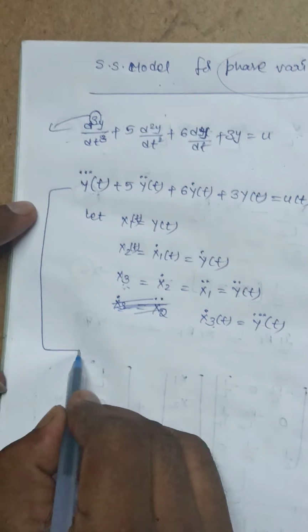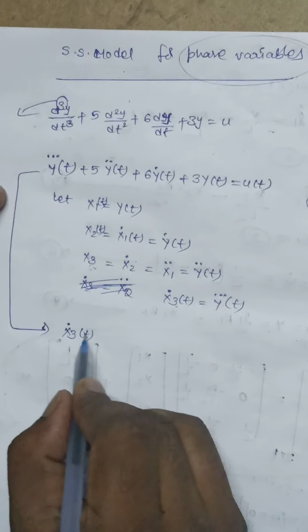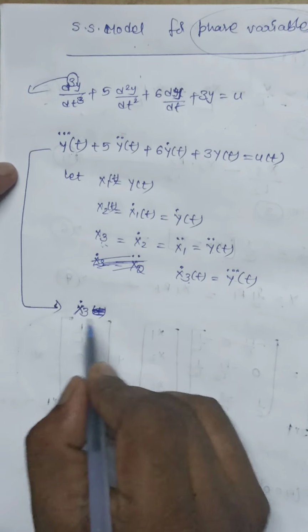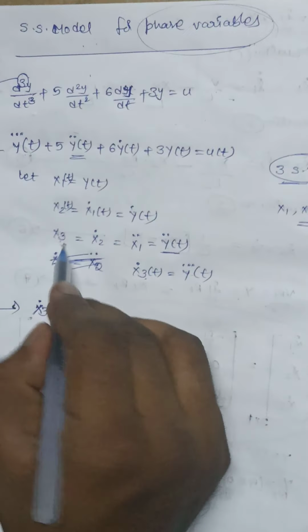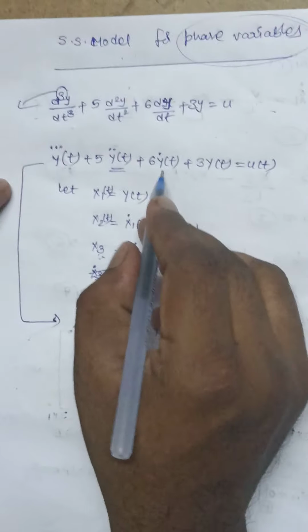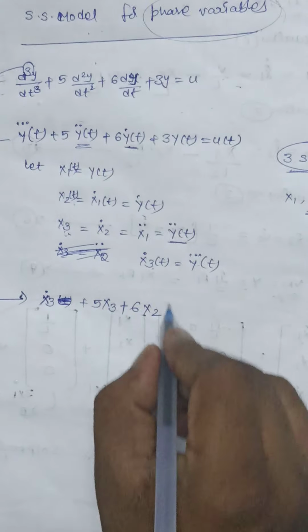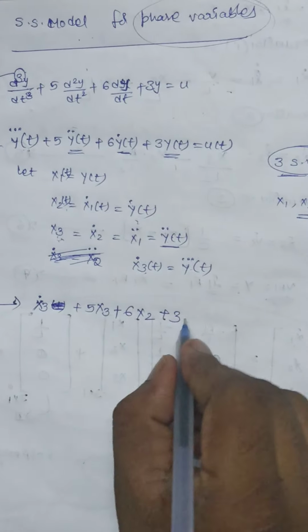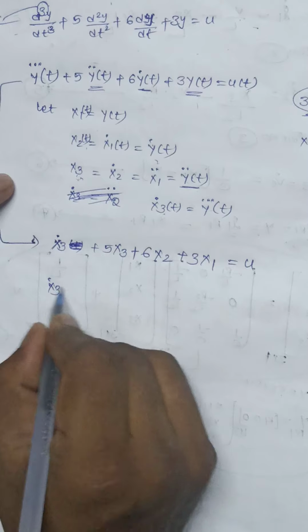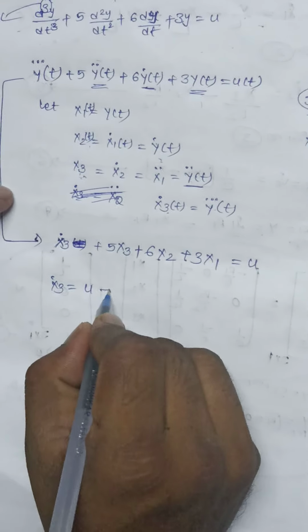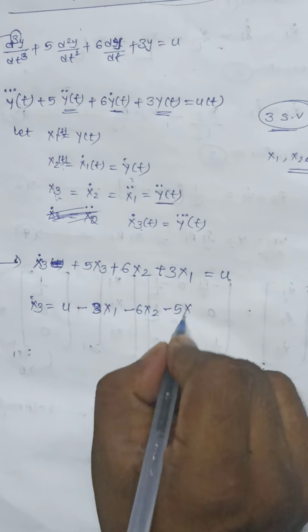So x3 dot plus 5 into y double dot of t, that is x3, plus 6 into y dot of t, which is nothing but x2, plus 3 into y of t, that is x1, is equal to input u here. So that is x3 dot is equal to u minus 3x1 minus 6x2 minus 5x3.